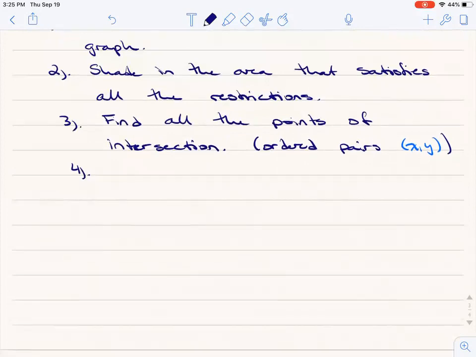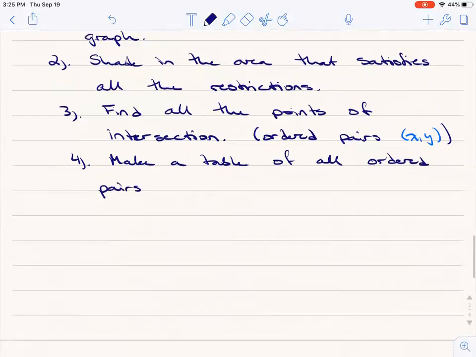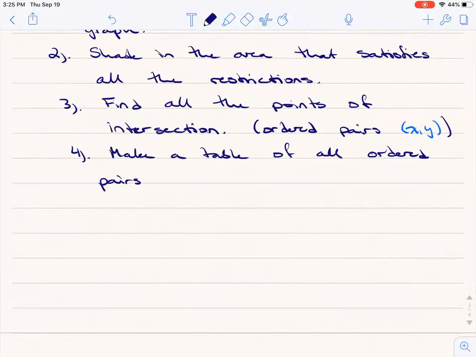So the next thing you're going to do is make a table of all the ordered pairs that you found in the previous step of all the intersections. So make a table of all ordered pairs from step 3. They're going to have an x and a y value.